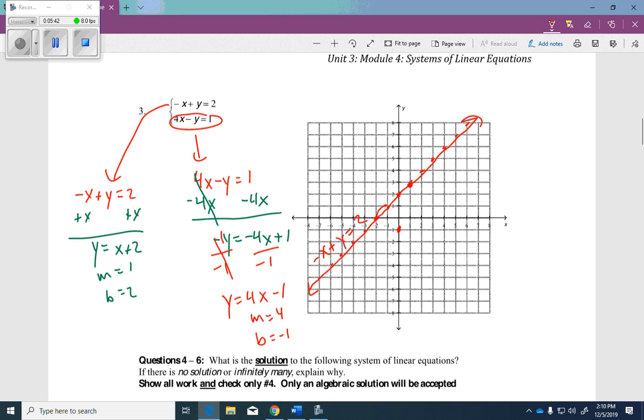I found it. That's the solution. It is at 1, 3. If it said to check, I would, but it doesn't say check.